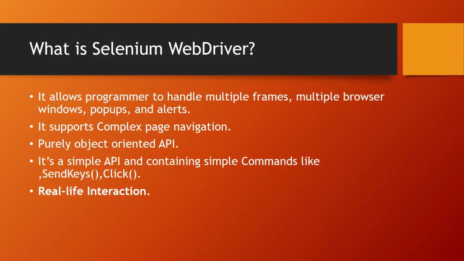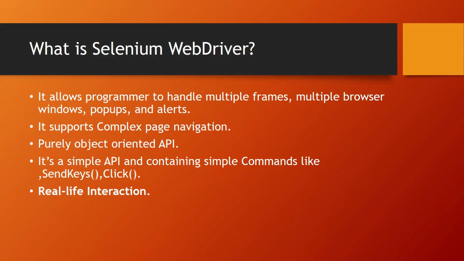The next point is that it allows the programmer to handle multiple frames, multiple browser windows, pop-ups and alerts. As we know, in a web application we work with different frames, pop-ups and alerts. As a tester, it allows us to write code and go through the multiple frames, browsers, pop-ups and alerts.